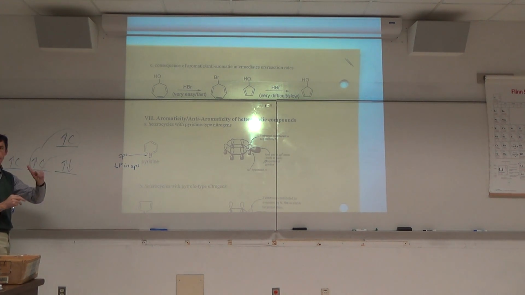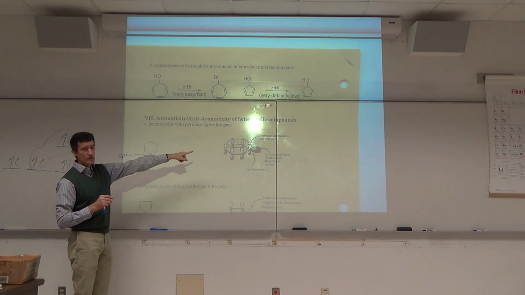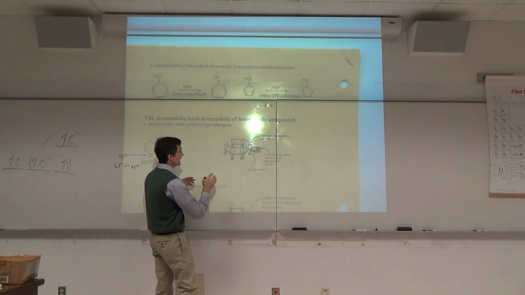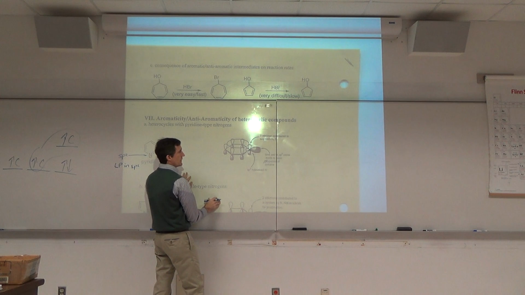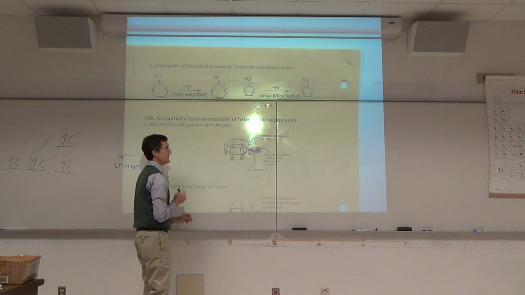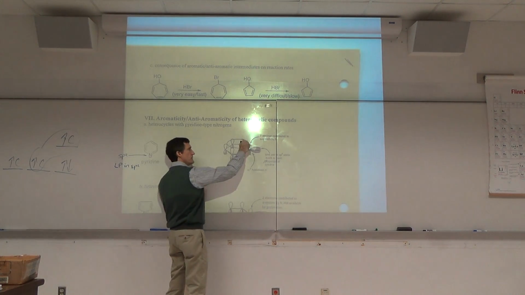The nitrogen does have a p orbital, right? Now it's already drawn here. I took this from the web or somewhere. Here's the nitrogen over here. Trigonal planar. There are your hybrids. What's left over? P orbital.